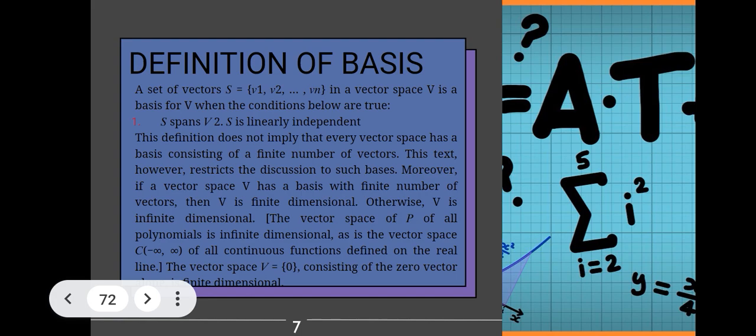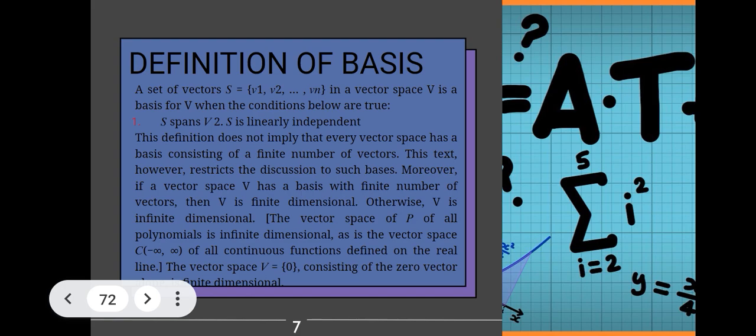So we say that the vector space V has a basis if the conditions below are met. Number one, S spans V, and S is linearly independent. This definition does not imply that every vector space has a basis consisting of a finite number of vectors. This text, however, restricts the discussion to such bases.